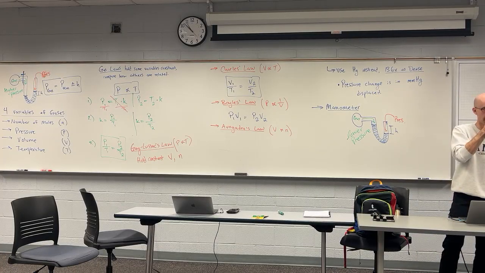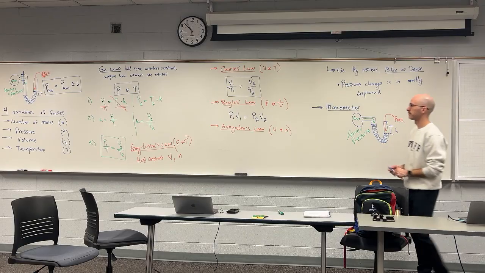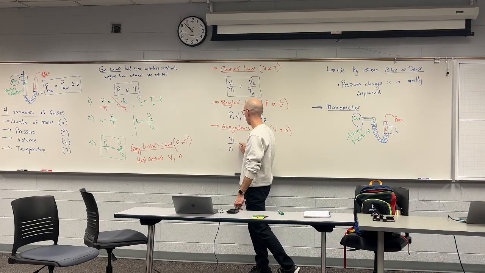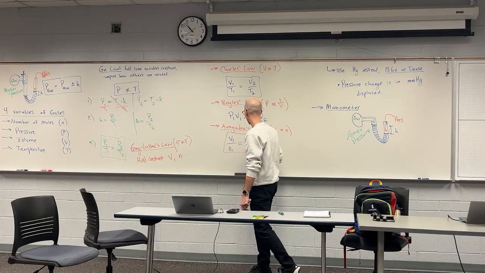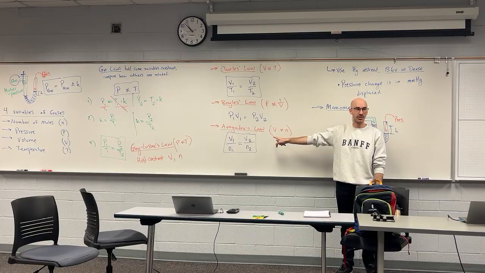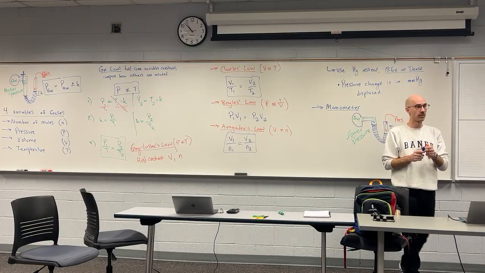If you could write an equation here, what would it be? Good. V1 over N1 equals V2 over N2. If I increase the number of moles, I should be increasing the volume.